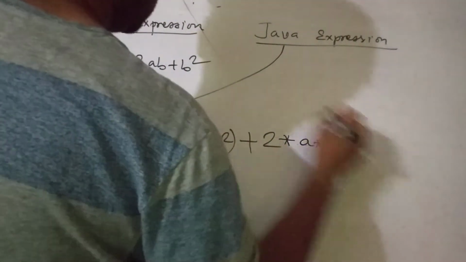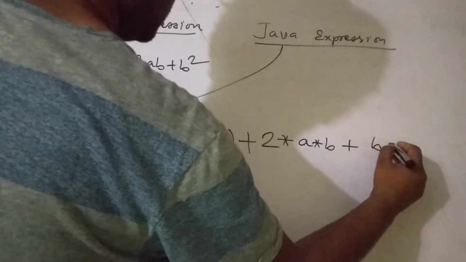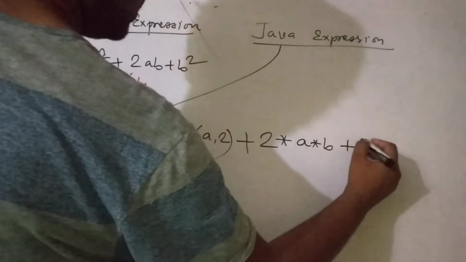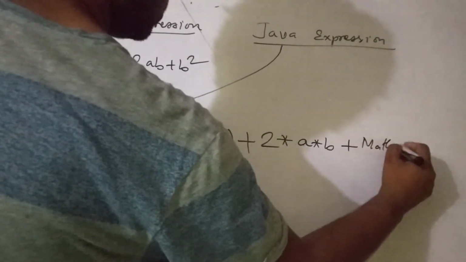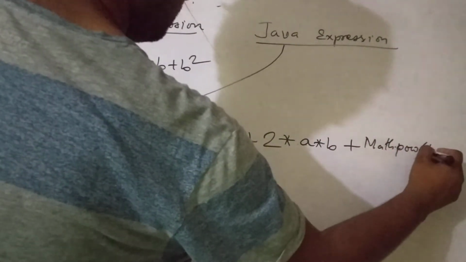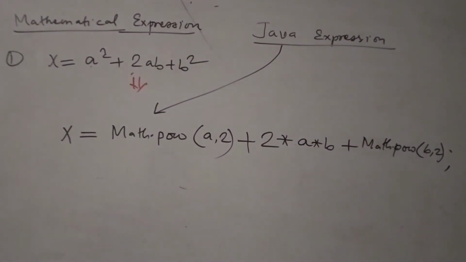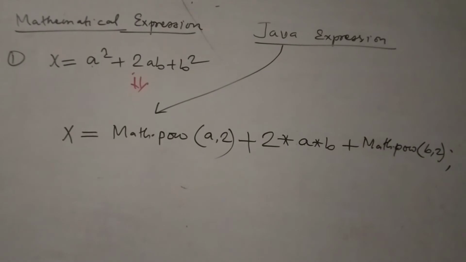So plus, this will be Math.pow(b, 2). Is it visible? Yes, Math.pow(b, 2).